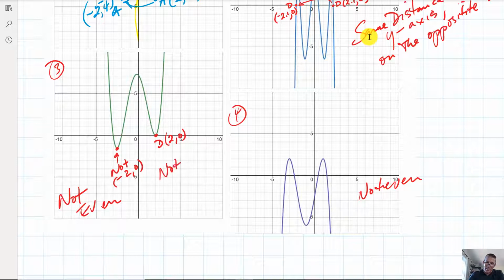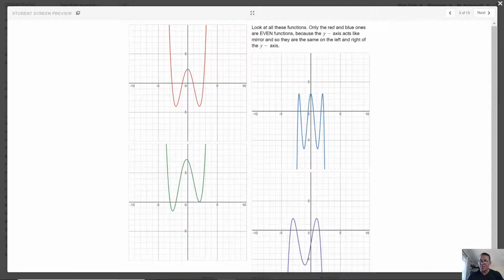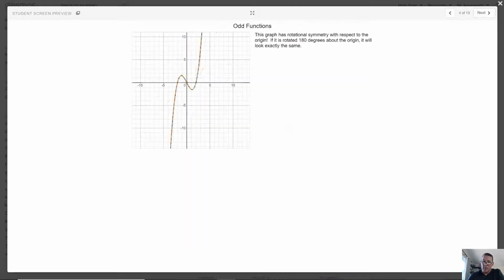So this is not symmetrical, okay, about the y-axis. And because of that, it's not even. And so what you're supposed to do is learn from these graphs in this lesson which are symmetrical about the y-axis, which means which ones are even and which ones are not.